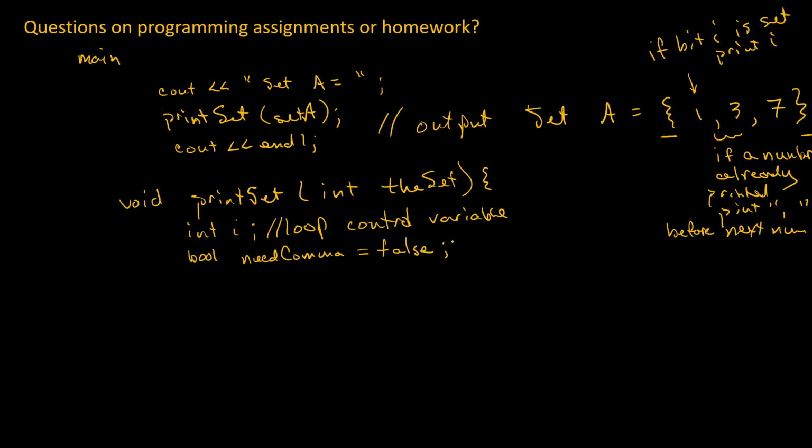No, you don't need a comma before it. So then I'll have a for loop, I equals 0, I less than or equal to 9. I'm going to write it that way because the values in our set are between 0 and 9.